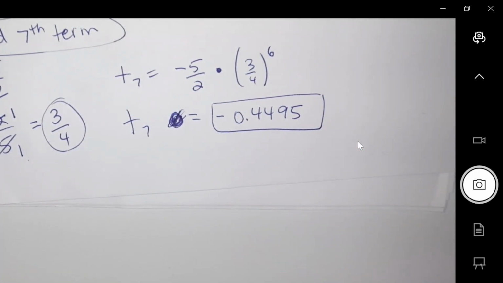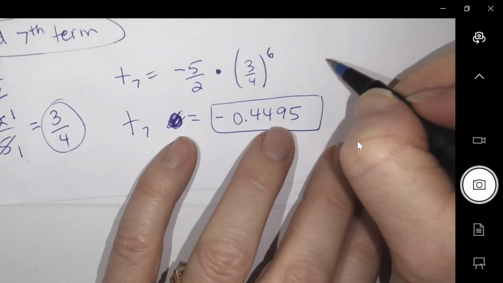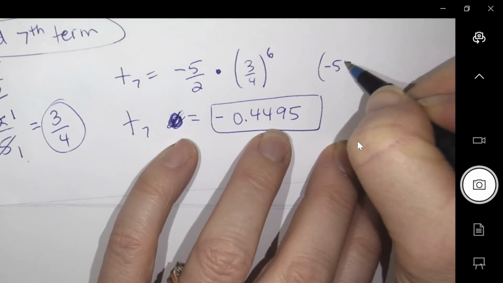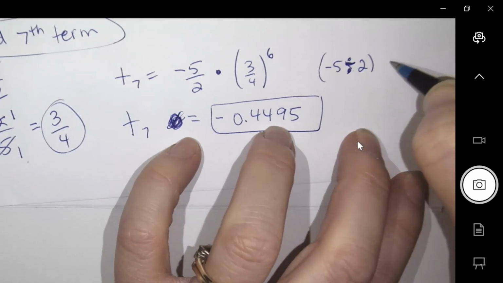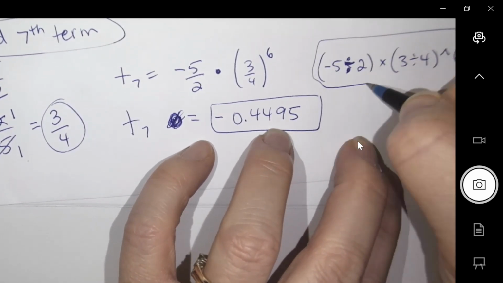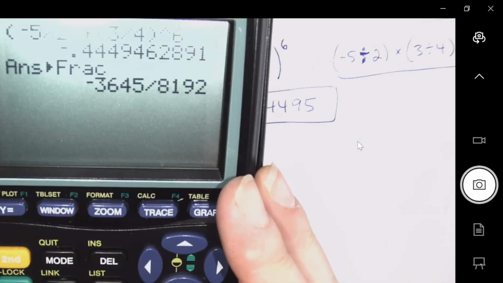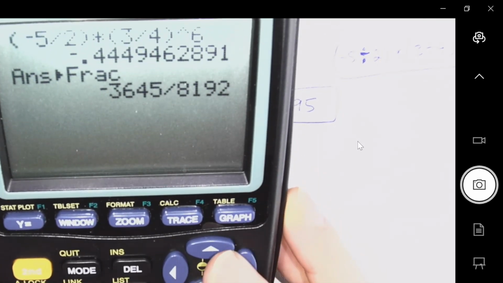You can just do brackets on that. This is what I typed on my calculator. Oh my gosh. If I have a fraction button, can I just punch it in as fractions? Did yours come out as a fraction? No, I got a decimal. Did anybody have a fraction?